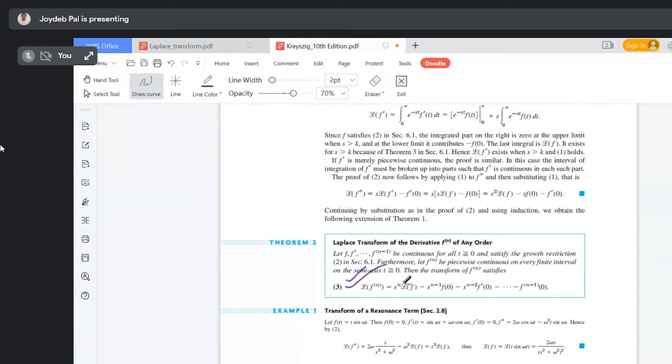So s to the power n Laplace transform of f माइनस देन s का पावर जो है वो ग्रेजुअली डिक्रीज होगा, s to the power n minus 1 associated with f0, then next term minus s to the power n minus 2 f dash 0, then s to the power n minus 3 f double dash 0. In that way the last term will be f n minus 1 0.